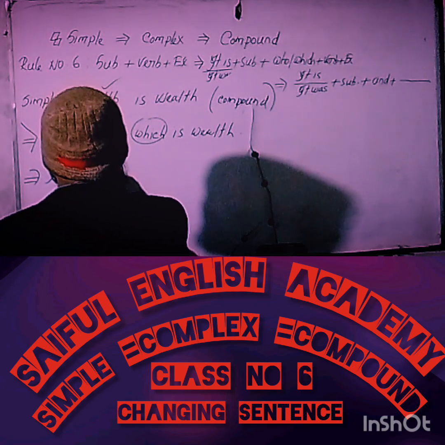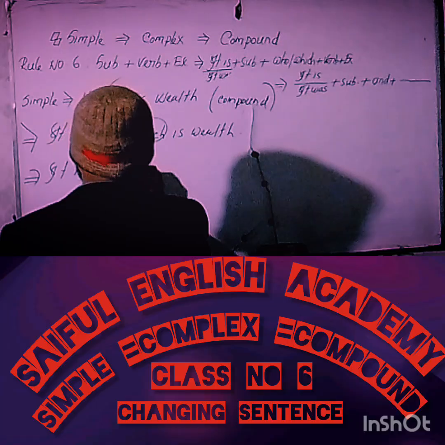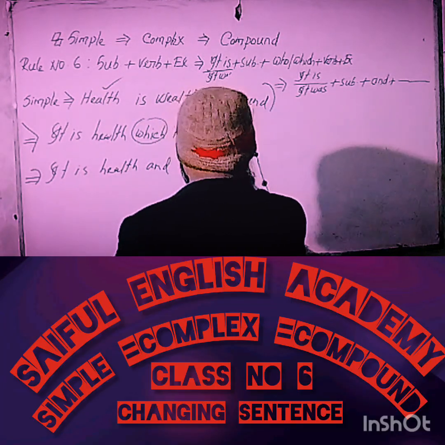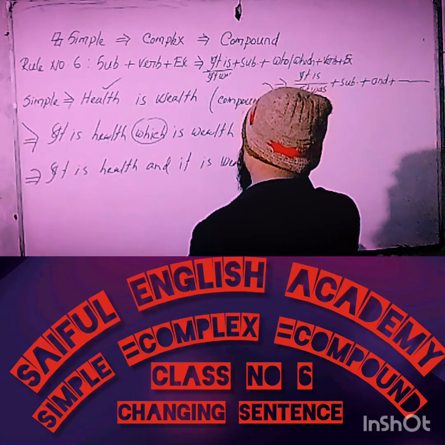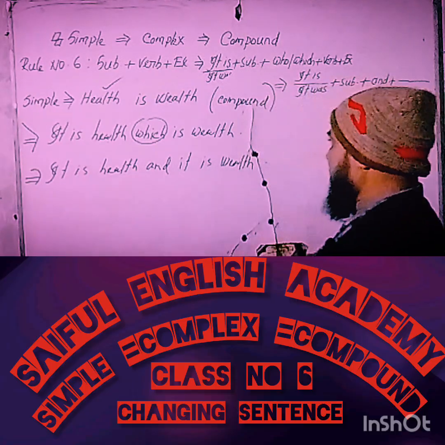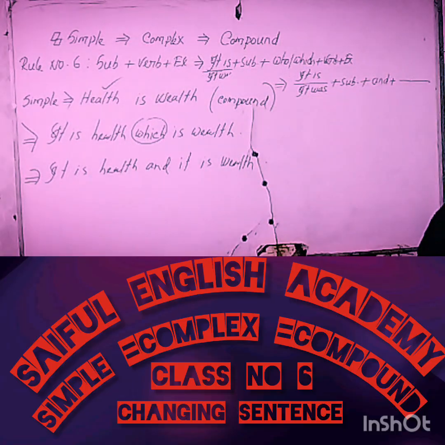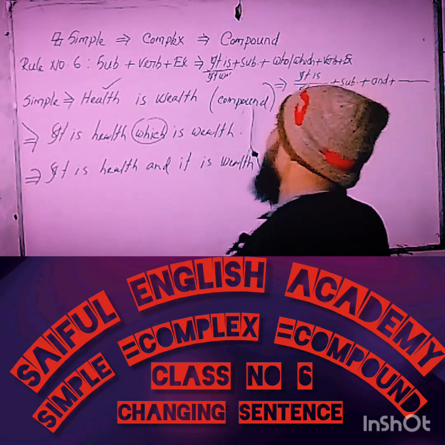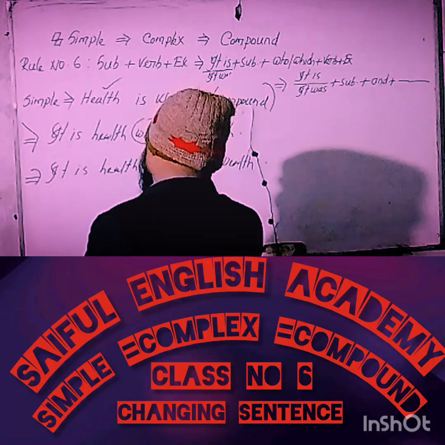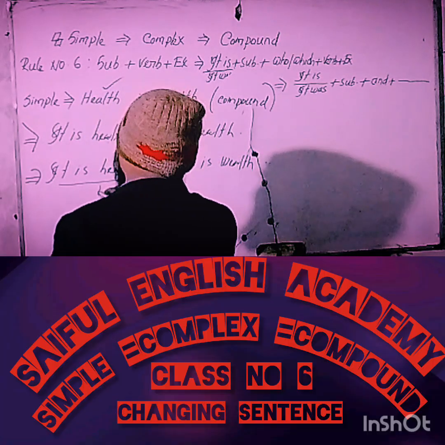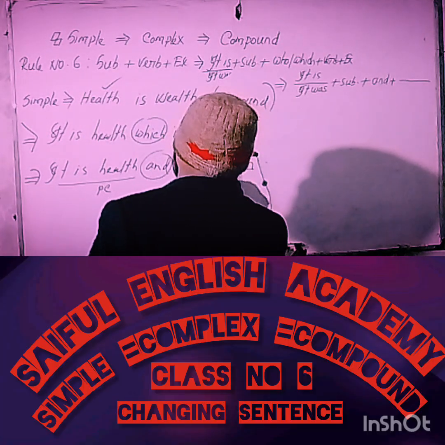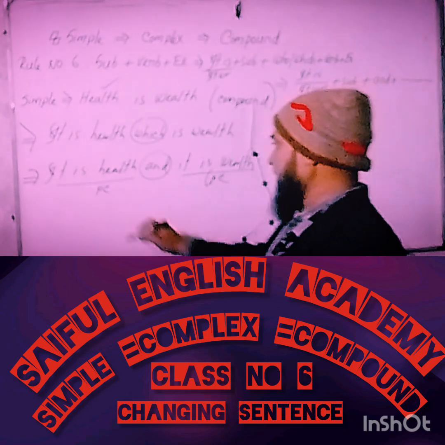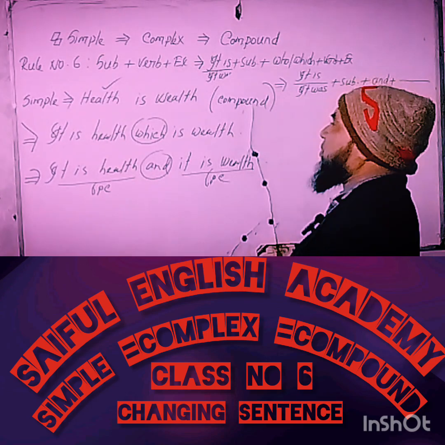So, it is health and it is oil. Okay, this sentence must be changed into a compound sentence because it has two principal clauses joined together by a coordinate conjunction. You have understood clearly.